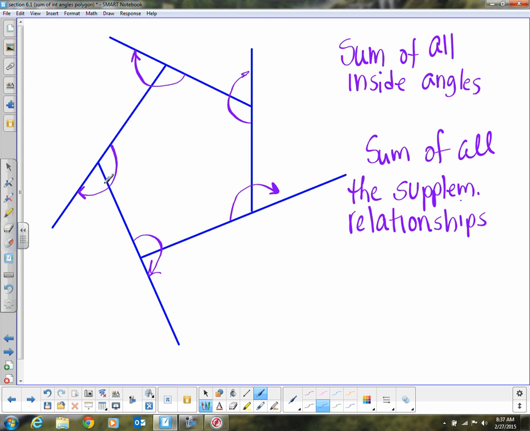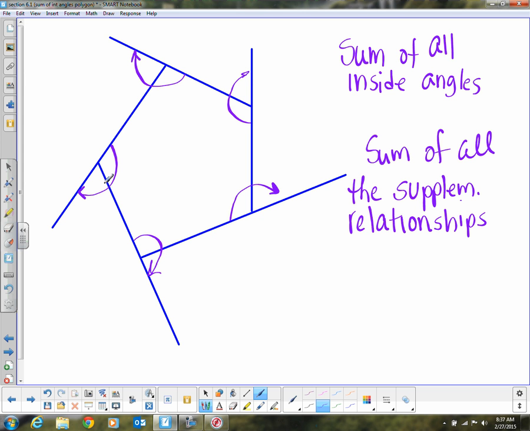How many supplementary relationships do I have? 1, 2, 3, 4, 5. So if I have 5 and they're each 180, what's the sum? What do you do? 5 times 180. Yes. Okay. Do you have your two numbers?